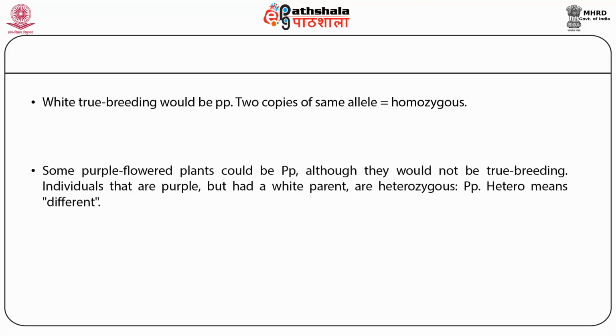Some purple flowered plants could be uppercase P as well as lowercase p, although they would not be true breeding. Individuals that are purple but had a white parent are heterozygous, uppercase P and lowercase p. Hetero means different.